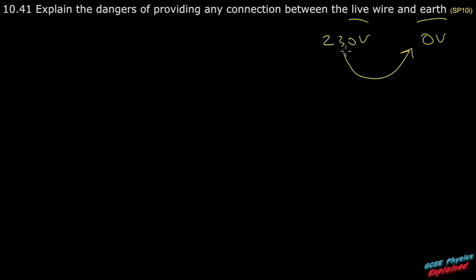Remember, a potential difference is what drives electrons. So there'll be loads of electrons over here that move across this way to try to even out the voltage, and it's when that current flows that you'll get your electric shock, which could burn you or kill you.